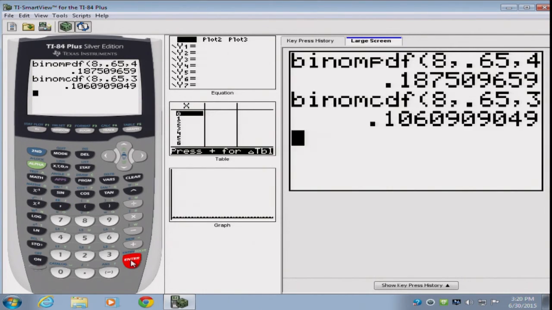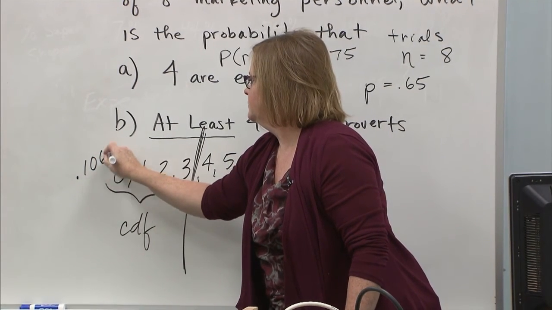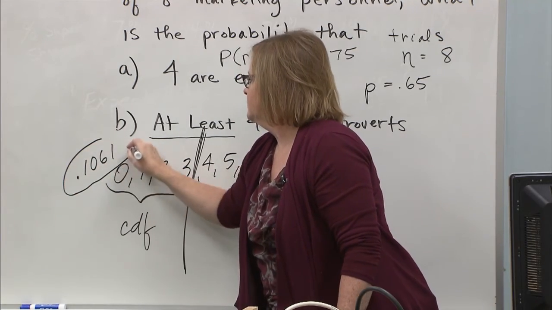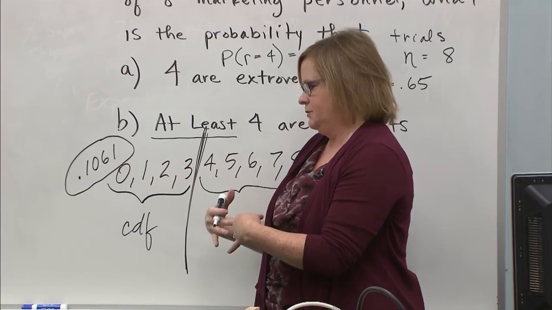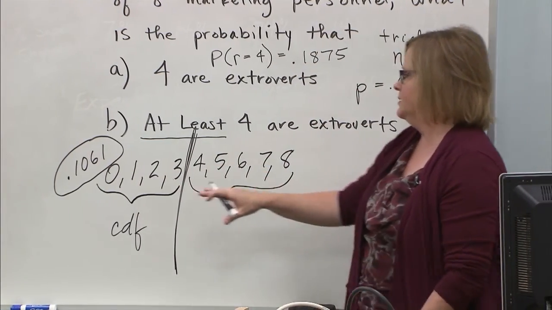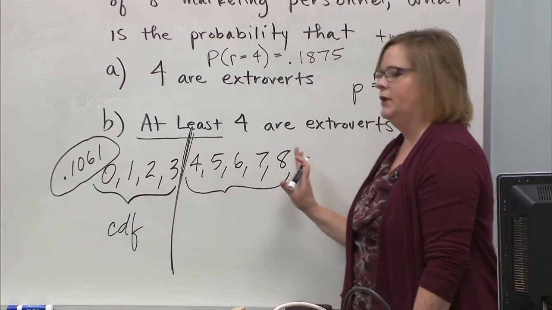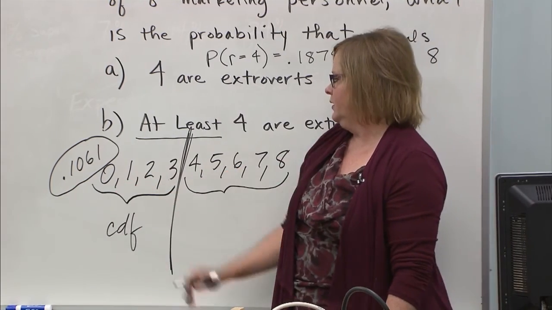Let's figure out what that is. So now it's added those probabilities. It's getting 0.1061. All right, so my calculator has done that for me. I have to do the last part. I need the complement of that. I don't want 0 through 3, I want 4 through 8. So I want the complement of what the calculator gave me.